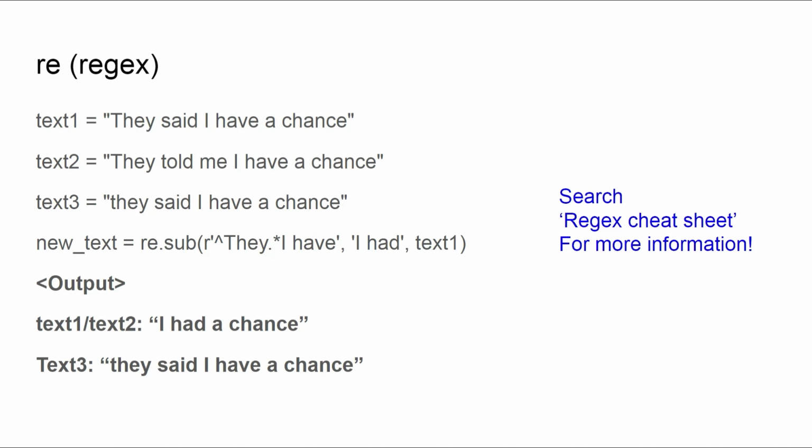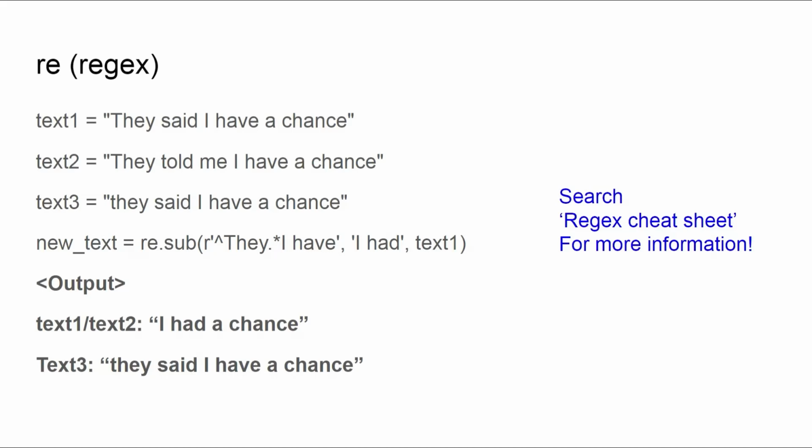Inside the quote is the string itself, and the single character r outside the quote defines the string as a regular expression. Caret symbol is the expression to find any starting patterns. Caret 'they' means find a string that starts with 'they'. Dot asterisk means any characters, any length in between 'they' and 'I have'.